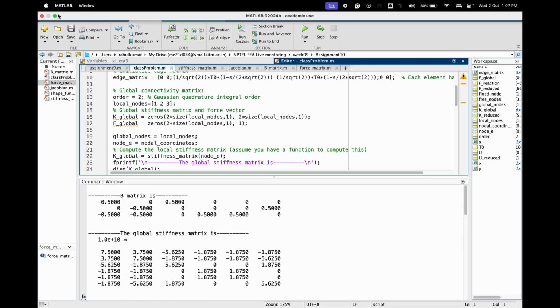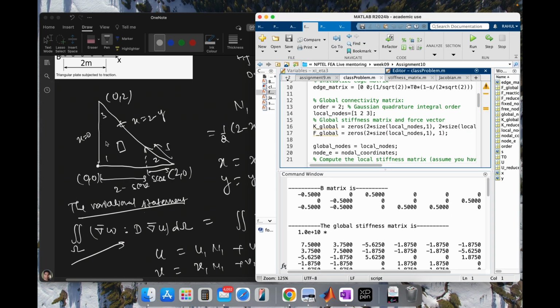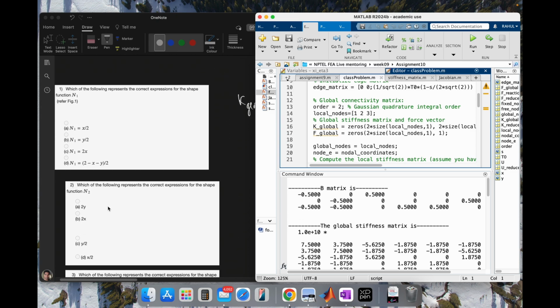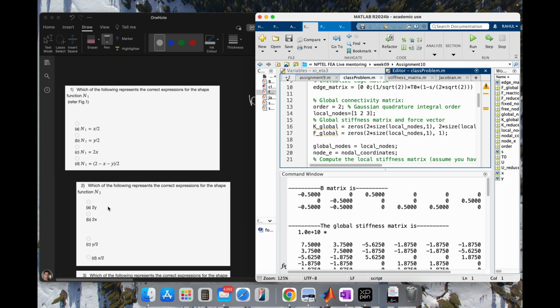Now let's see what the answers are. First it is asking what is the shape function N1. So it's clear that we already saw that; it will be answer D. In this case, what will be the answer?